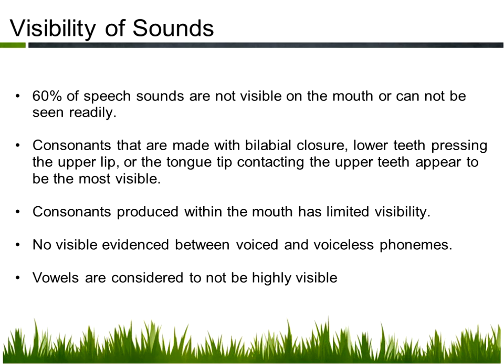But the basic issue is that 60% of our American English phonemes are not really visible on the lips and cannot be readily seen. That's many of the vowels and the consonant phonemes that are made interiorly.